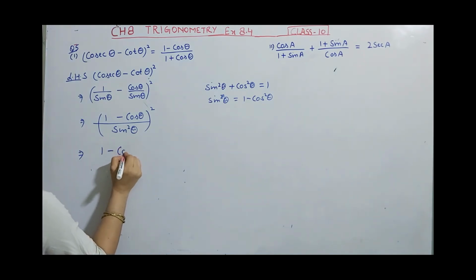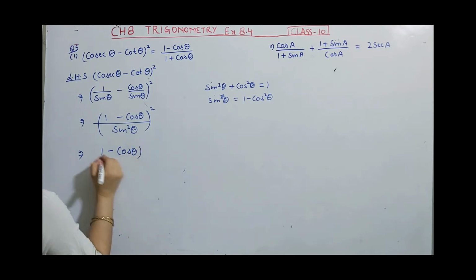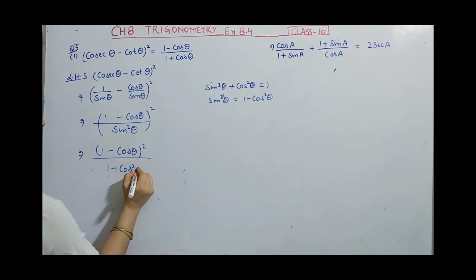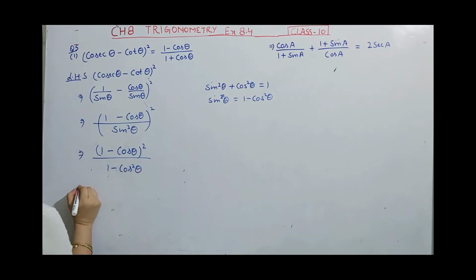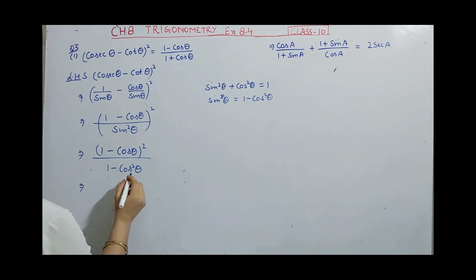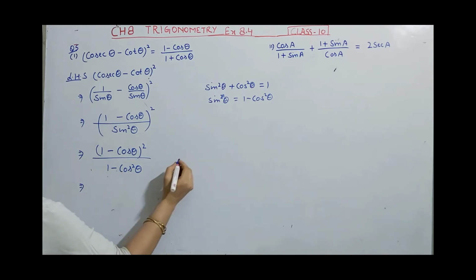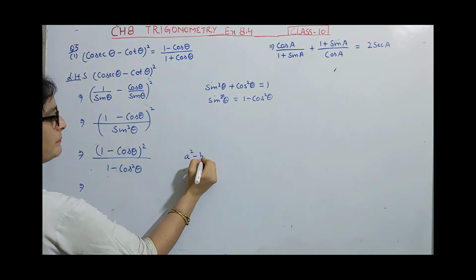1 minus cos theta divided by 1 minus cos square theta. So it is a square minus b square.